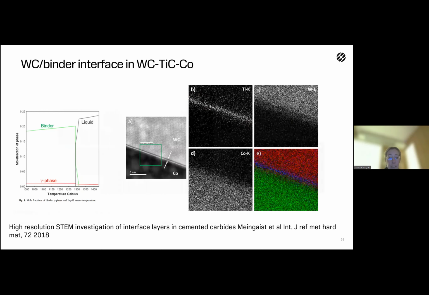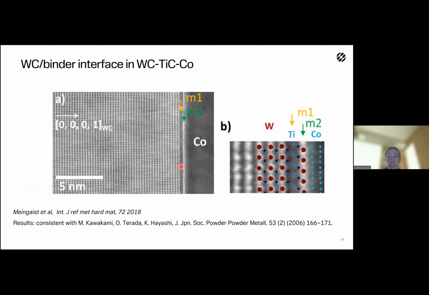And if we look at this even more in detail, we can see here that the titanium atoms are actually at every second layer. So there's a layer of tungsten carbide here at the very end of the interface. And we are now looking at the basal plane of the tungsten carbide crystal.